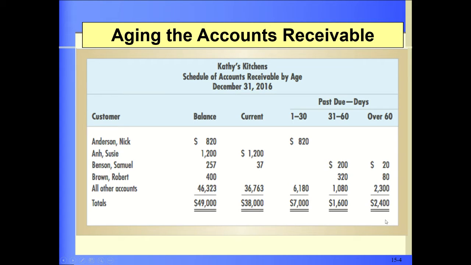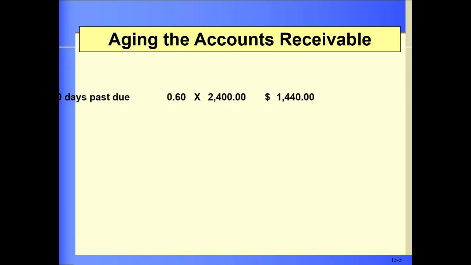So what we're going to do is take our totals for each of these categories and multiply them by a percentage. This percentage, again, will come from industry experts or from our prior experience. So let's take a look at how we would calculate this.